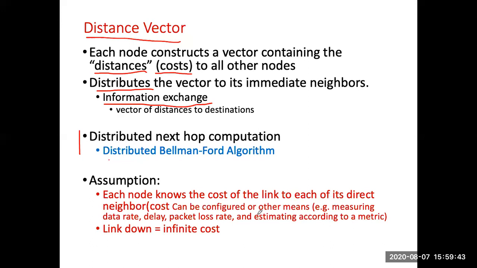Cost can be configured on many bases, usually the data rate, delay, packet loss rate, or estimated according to other metrics, but here we will calculate it as the number of hops. So we are calculating the cost to the immediate neighbors, and in case there is a link down between two nodes, we will consider that cost as infinite.